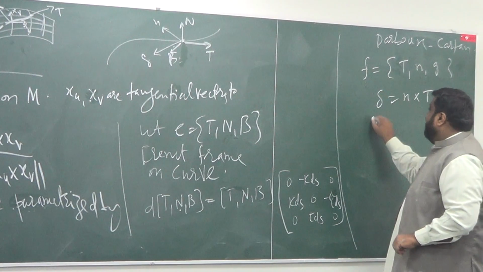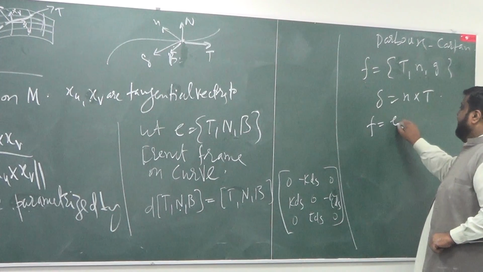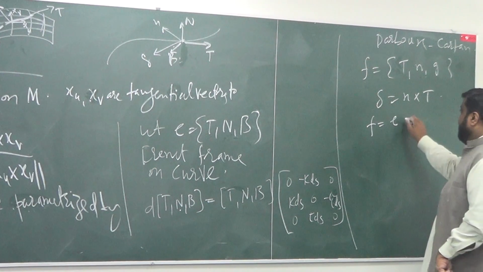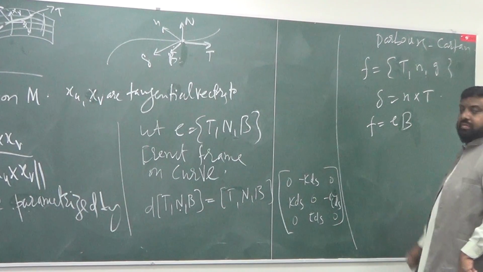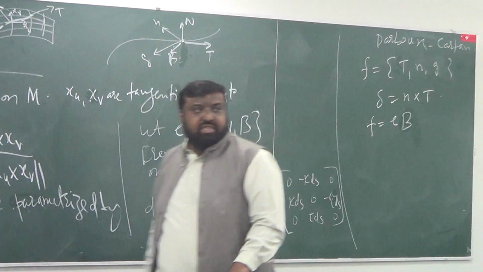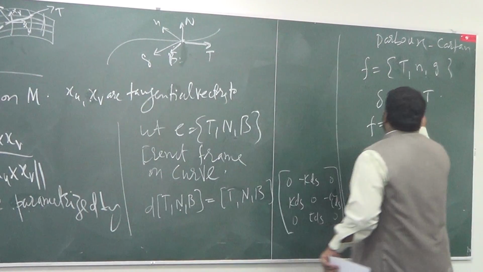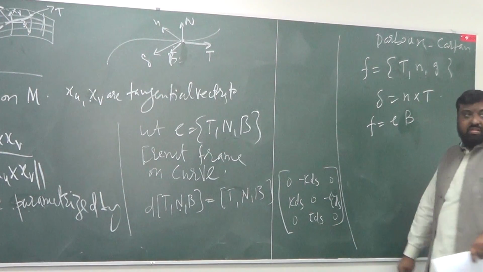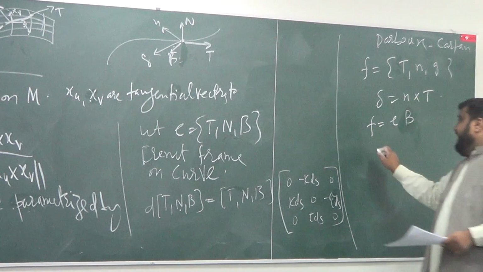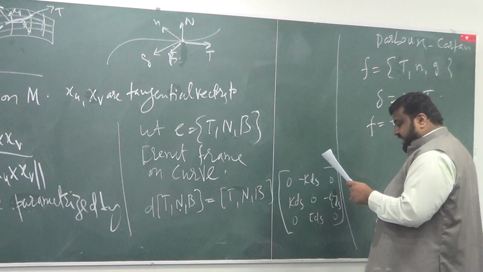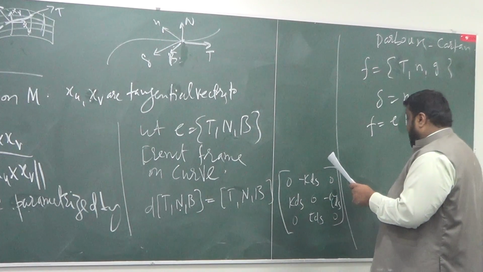So I can get this frame, say F, by taking this frame and multiplying it with the rotation matrix by a certain angle. So if I explicitly write it, it's going to look like something like this. Okay. So what would that be?